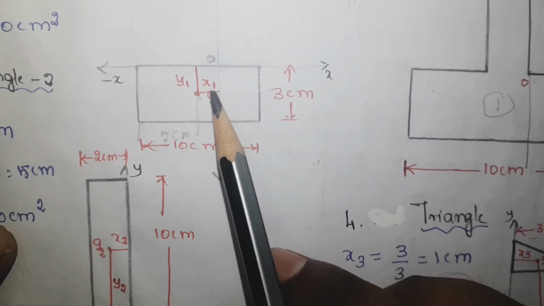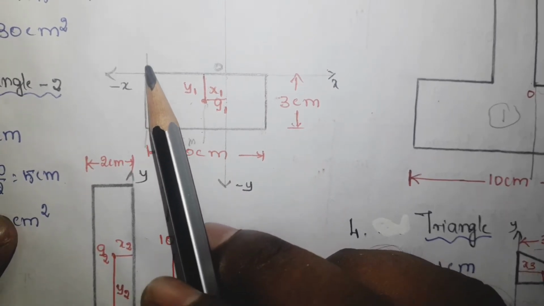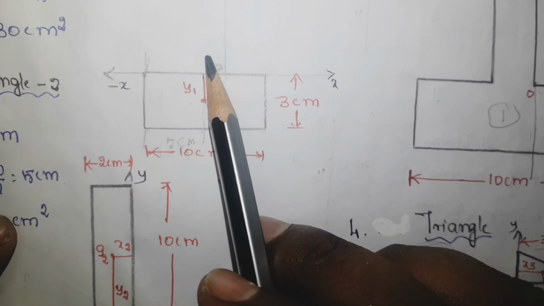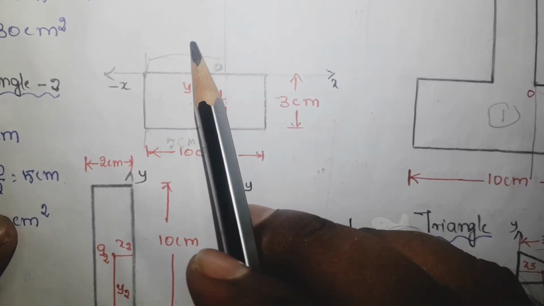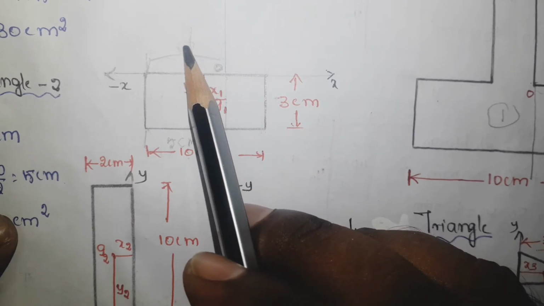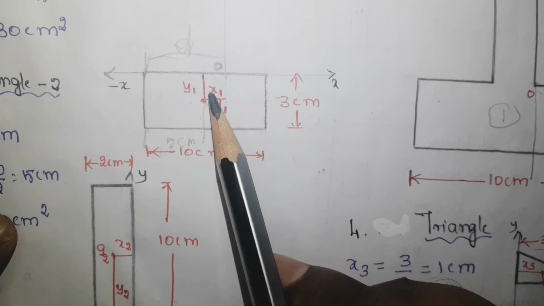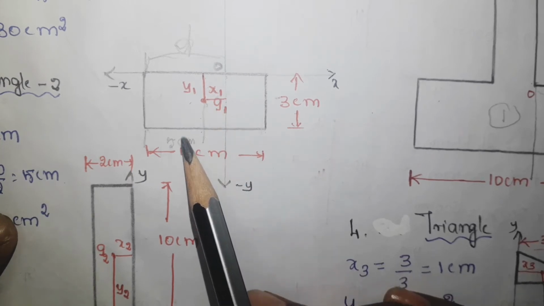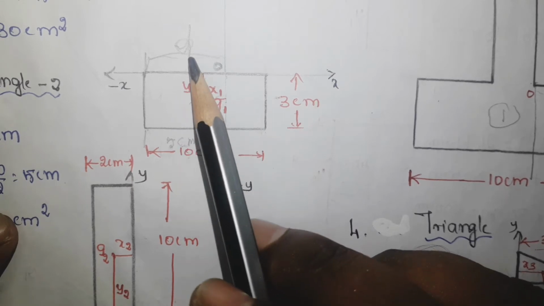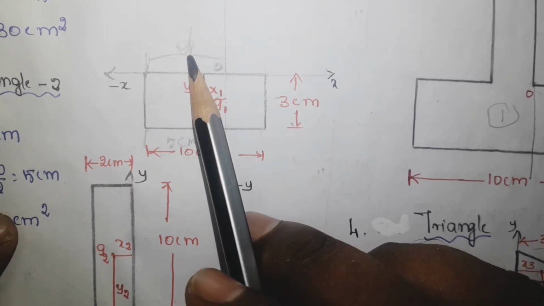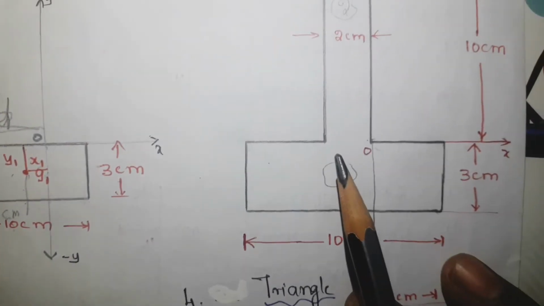So this is the x1. What you need is the distance between this point and this axis. You need to know this distance. Let me take this one as D. If you know D, then you can get x1, because x1 plus 5 centimeter equals D. This one is x1, this one is 5 centimeter, which is equal to D. Now we are going to find the value of D from this geometry.